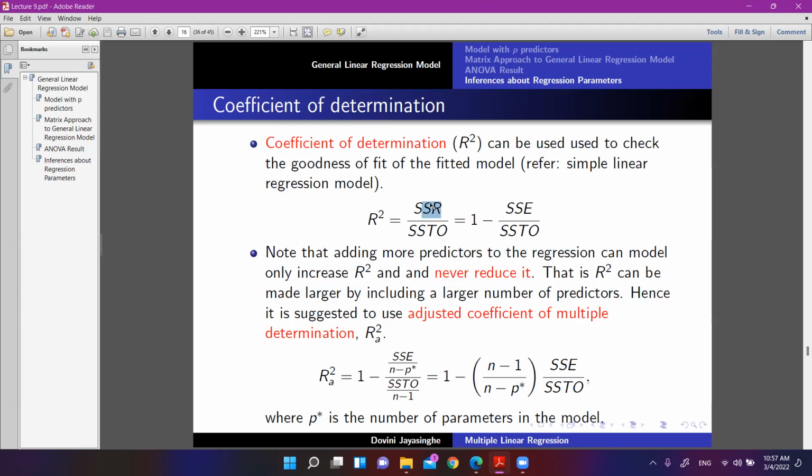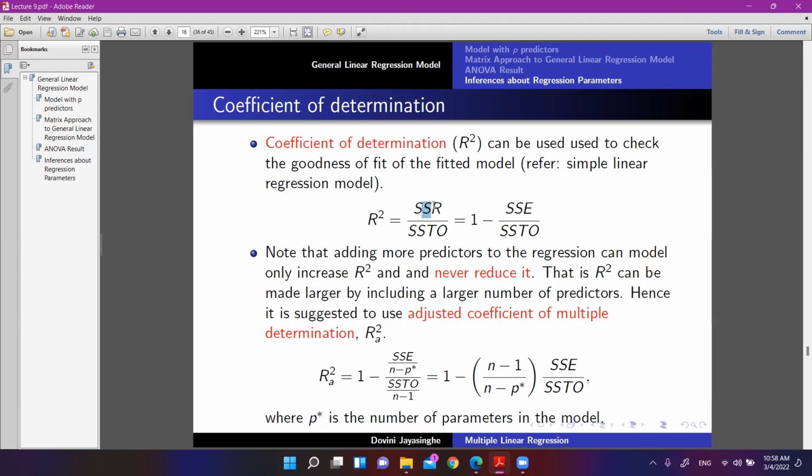We have to say the model is good only if it explains a considerable amount of variability that we expect. Out of the total variability, if the model can explain at least 80%, we can say it's a good fit. But in multiple linear regression, the SSR keeps on increasing, not because of the goodness of the fit, but because of the increasing number of predictor variables. So that is not what we expect.